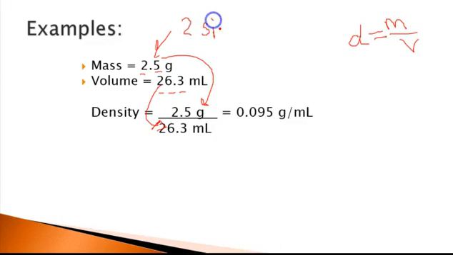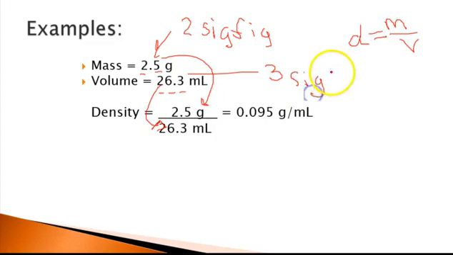We abbreviate that concept by saying sig figs. So that has 2 sig figs. This has 3 sig figs. And whichever is the lower number of figures is how much your answer should have. So my answer should only have 2 significant figures. That's why we stopped the numbers when we did the calculations.